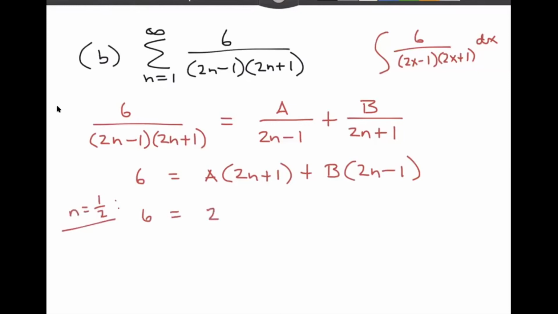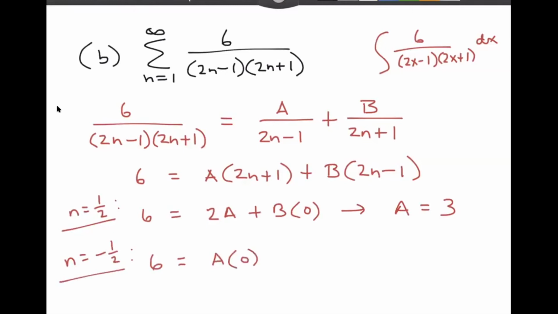So this would be 2A plus B times 0. That would give me A equals 3. And when n equals -1/2, I would get 6 equals A times 0 plus B times -2, which means B is -3.